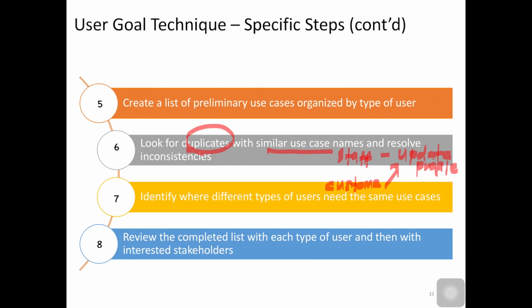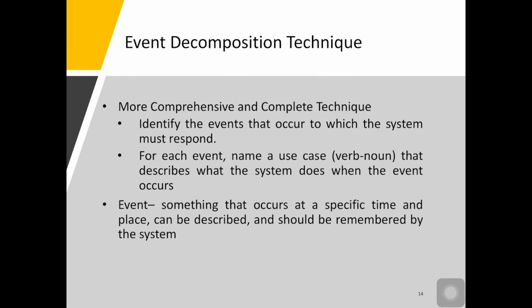And lastly, review the completed list with each type of user and then with the interested stakeholders. So these are the 8 steps to identify the use cases by using the user goal technique. Clear?